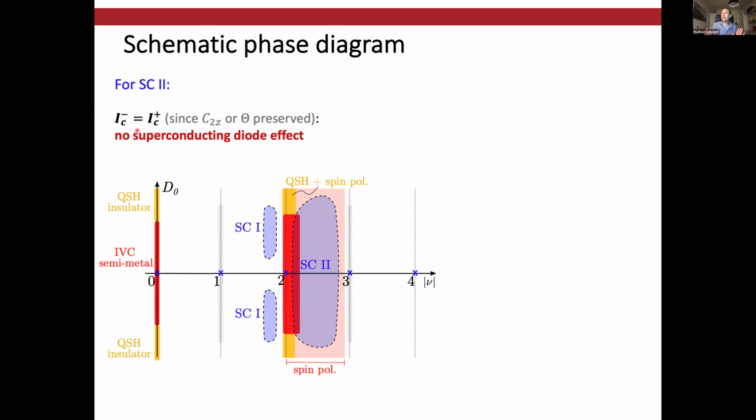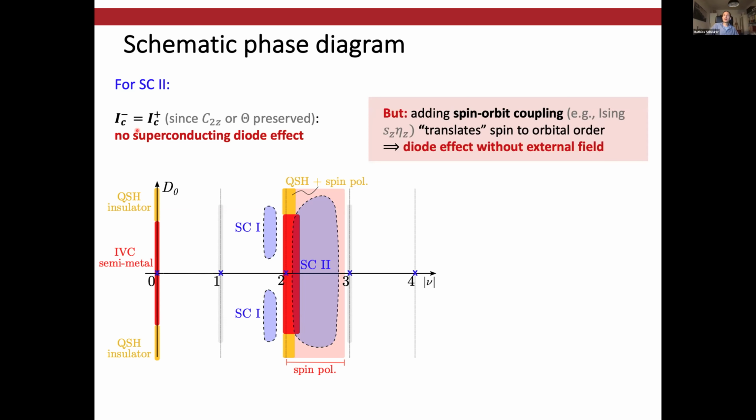And as far as I know, none has been reported or is visible in the data of previous experiments on trilayer graphene. However, suppose you find some way, maybe spin-orbit coupling, of translating this broken time reversal symmetry in the spin channel to the orbital channel.